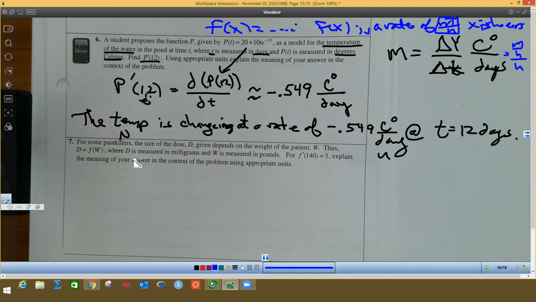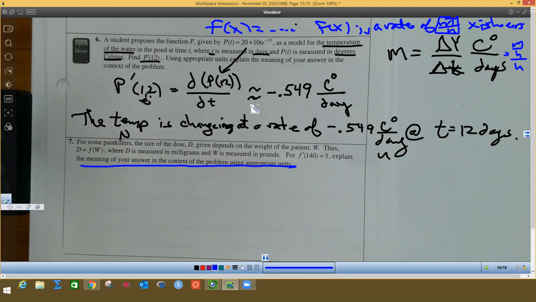Okay, do you guys still need number 7? I'd kind of like you to try it. Let's see what this says. For some painkillers, the size of a dose D given depends on the weight of the patient, W. So D is dose, W is weight. Thus, D equals f of W, where D is measured in milligrams and W is measured in pounds. For f prime of 140 equals 3, explain the meaning of your answer in the context using this unit.